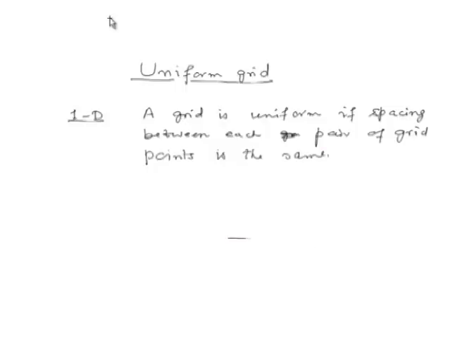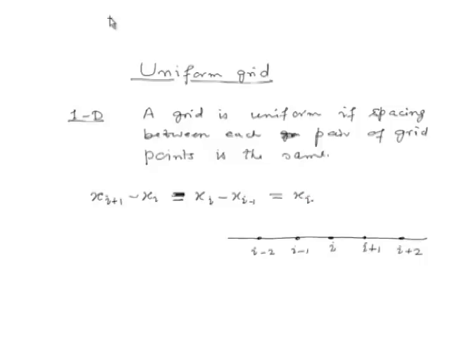So, if you have a set of grid points, let us say i plus 1, i plus 2, i minus 1 and so on, we can simply say that x i plus 1 minus x i is equal to x of i minus x of i minus 1, is equal to x of i plus 2 minus x of i plus 1 and so on.